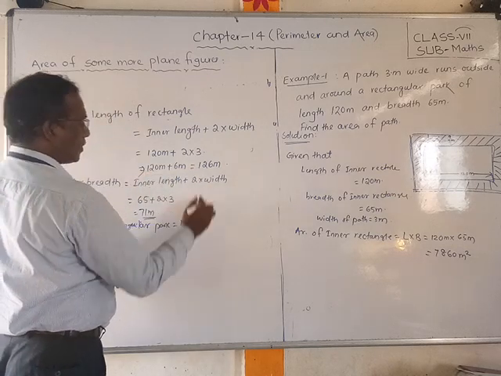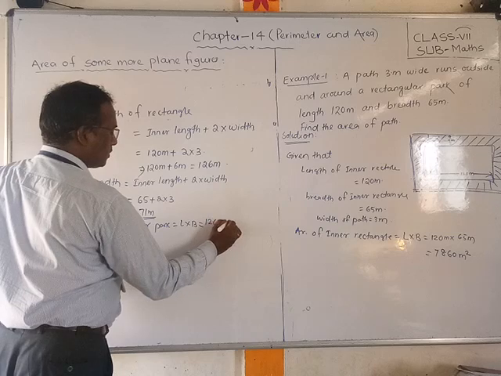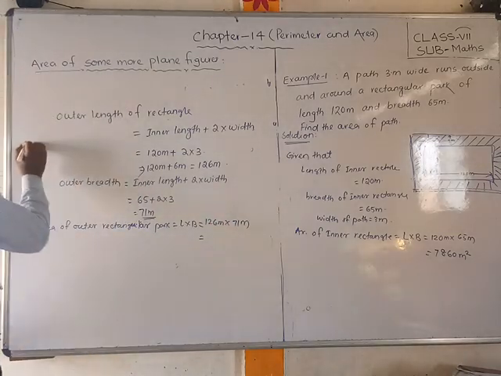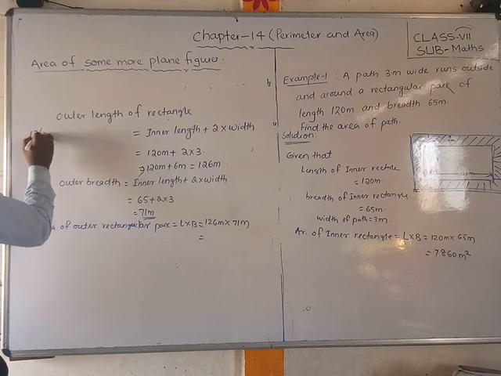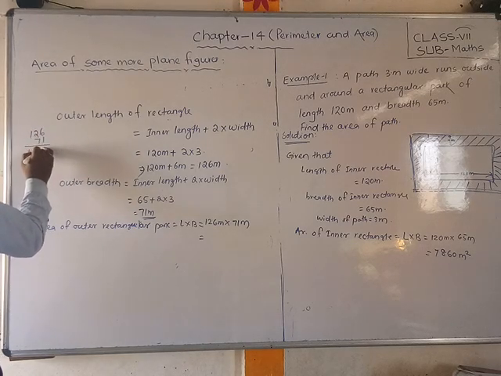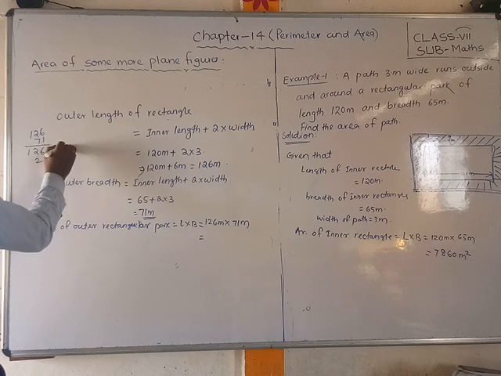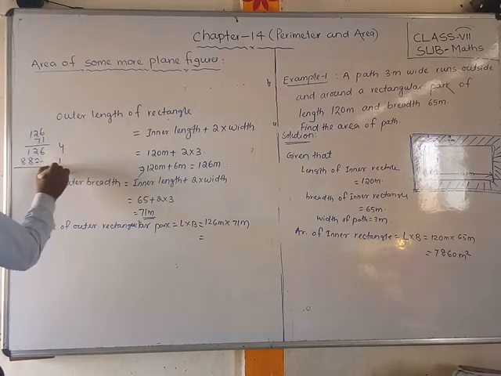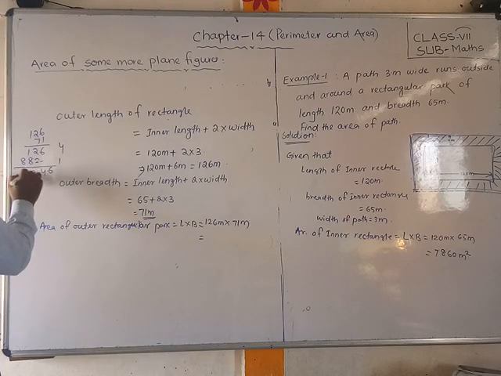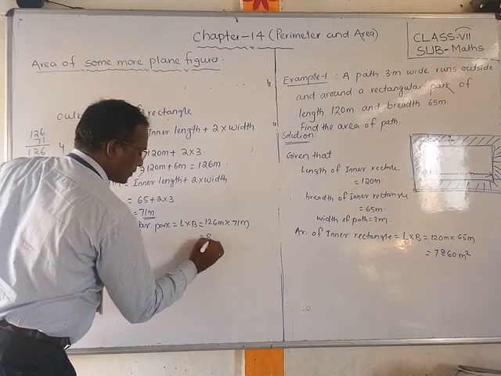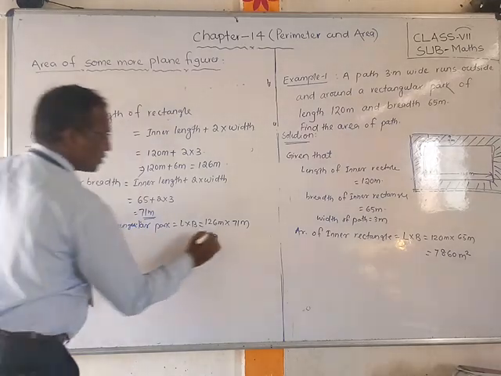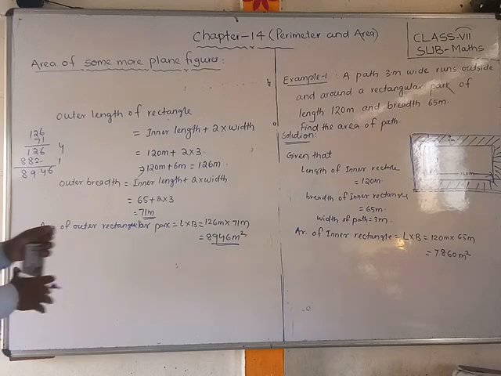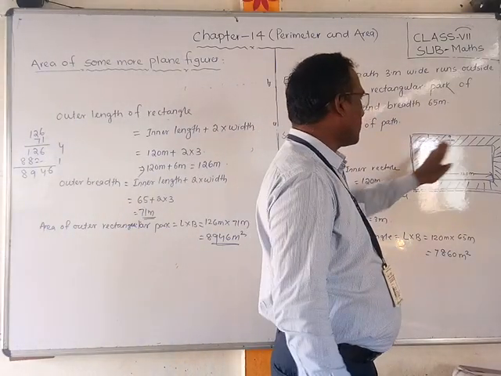Length how much did you get? 126 meter into 71 meter. So now multiply, friends. We get 8,946 meter square. Now students, carefully observe: we have the total area and we also have the inner area.